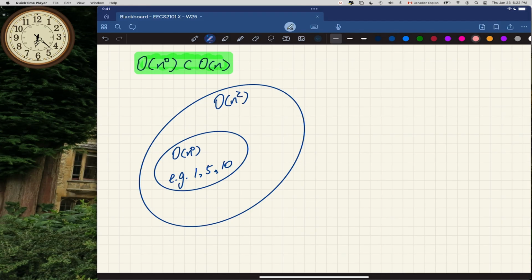Let's first start with this set over here, just to make sure we understand this. These will be all the functions that can be upper bounded by n to the power of 0, constant.